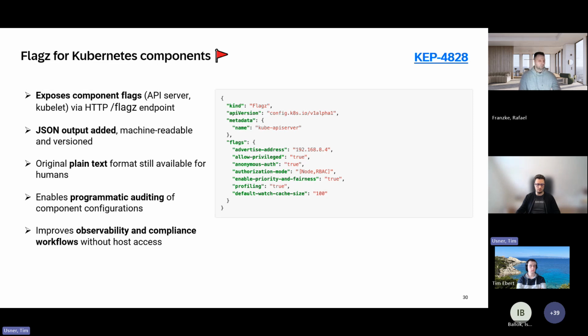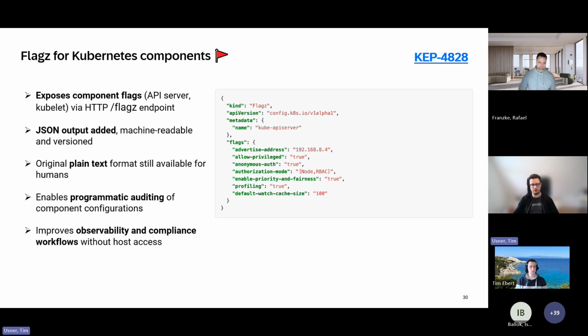Next is a very handy feature when it comes to troubleshooting and debugging. There is this flagz endpoint, in this example for the Kube API server, but also for other components in Kubernetes like the Kube Controller Manager and so on. This time, it gives you structured and machine-readable output when you call that endpoint. As far as I know, the endpoint was already partially there, but it gave you unstructured output.